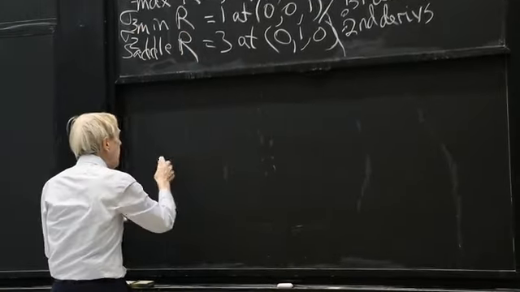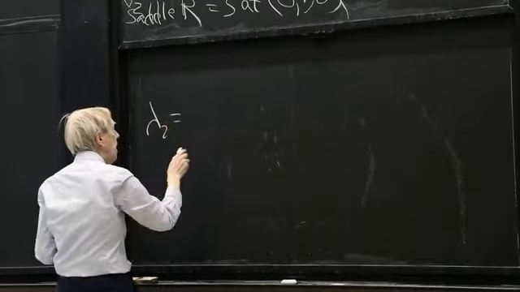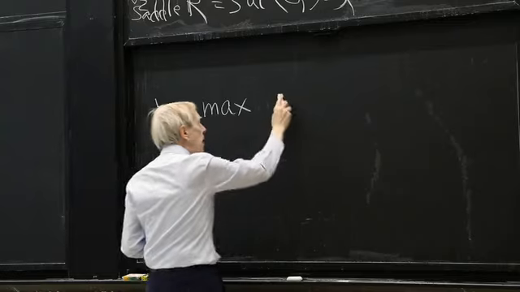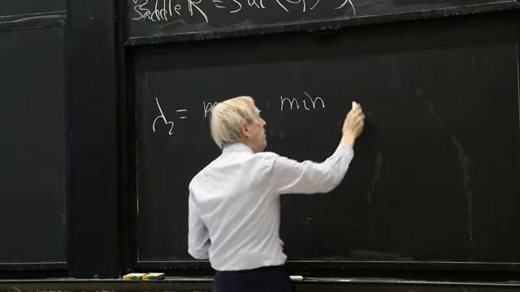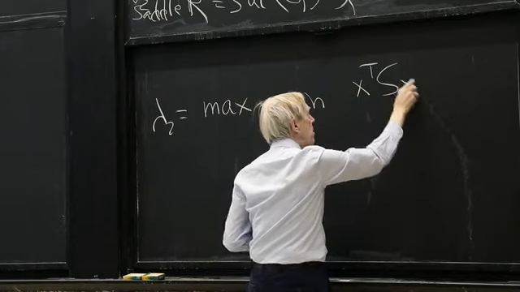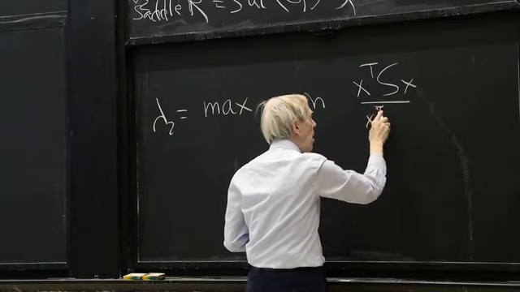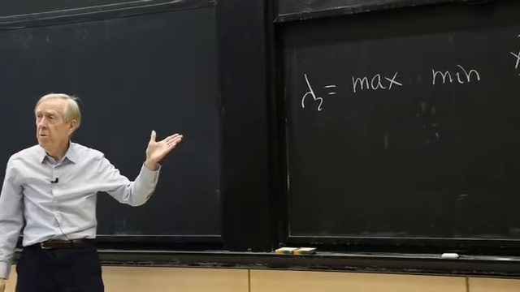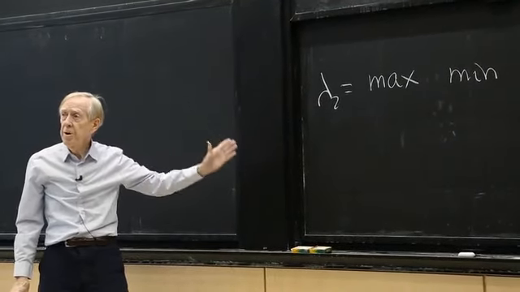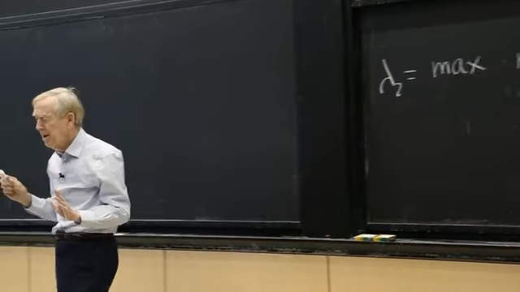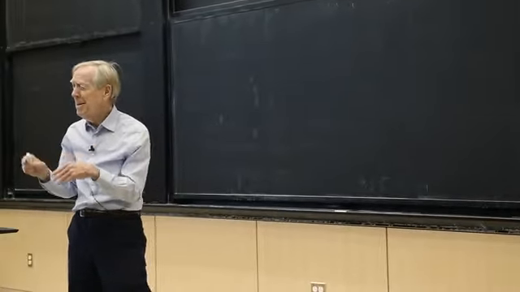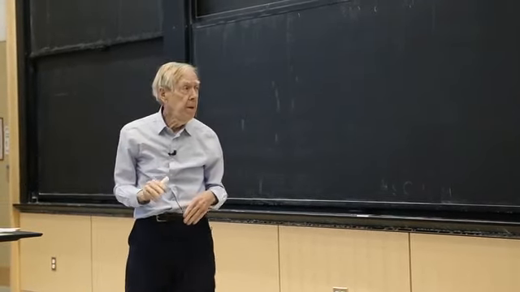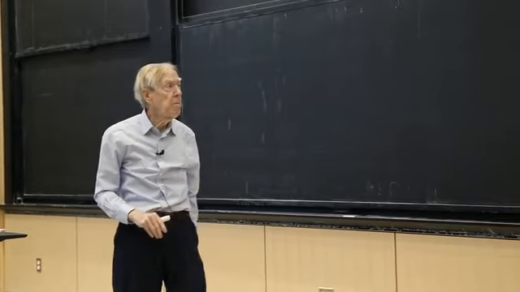Okay, so I'm going to say that lambda 2, that value, is the maximum over something of the minimum over something of x transpose of our function. Of course I have to tell you what you're maximizing over and what you're minimizing over, but that's the idea: one way to get into that middle place where the saddles are sitting is to have a maximum of a minimum.